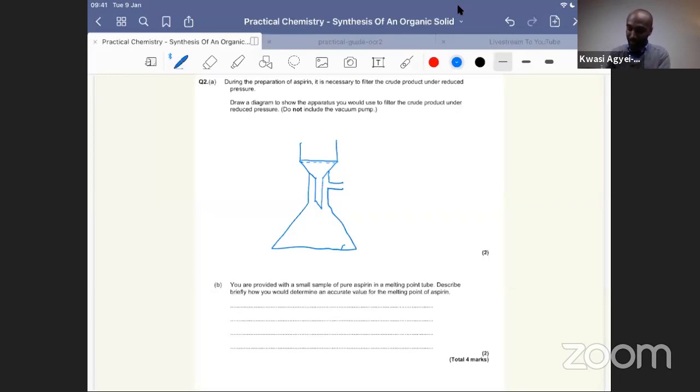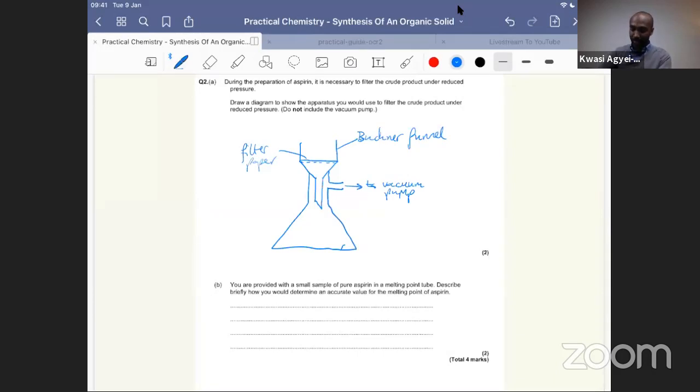And of course, that would be connected to a vacuum pump. Let's label our filter paper and Buchner funnel. Okay, so this is draw a diagram to show the apparatus you would use to filter the crude product under reduced pressure. So that's exactly what is required.